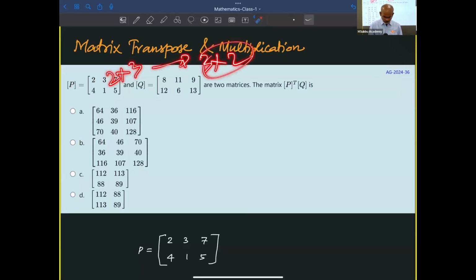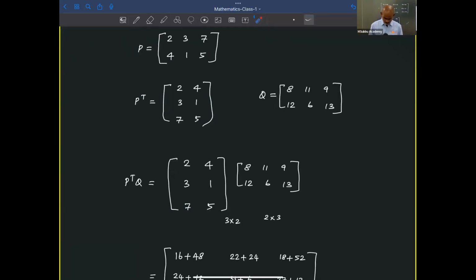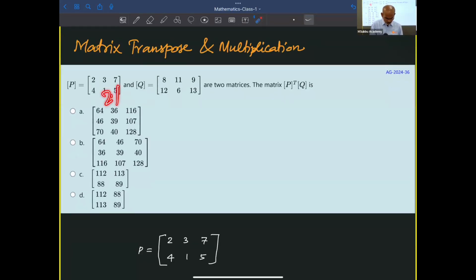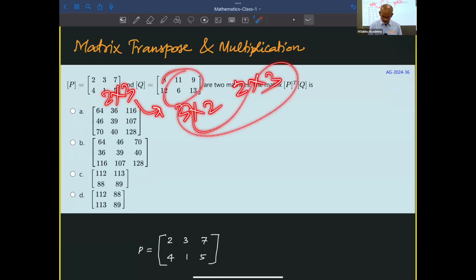So 3 by 2 and 2 by 3 can be multiplied, and the result will be a 3 by 3 matrix.